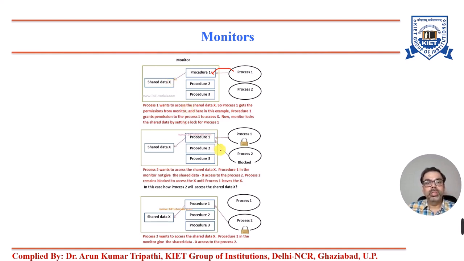Otherwise it will be blocked. Suppose that process 1 is using the shared variable and process 2 wants to use it, it will get blocked. When process 1 releases the shared variable, then process 2 will be allowed to access it. So this is the concept that is used by the monitor.